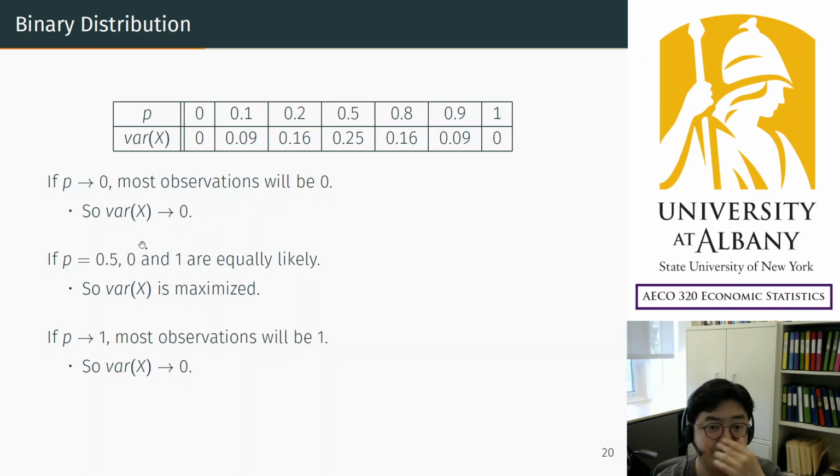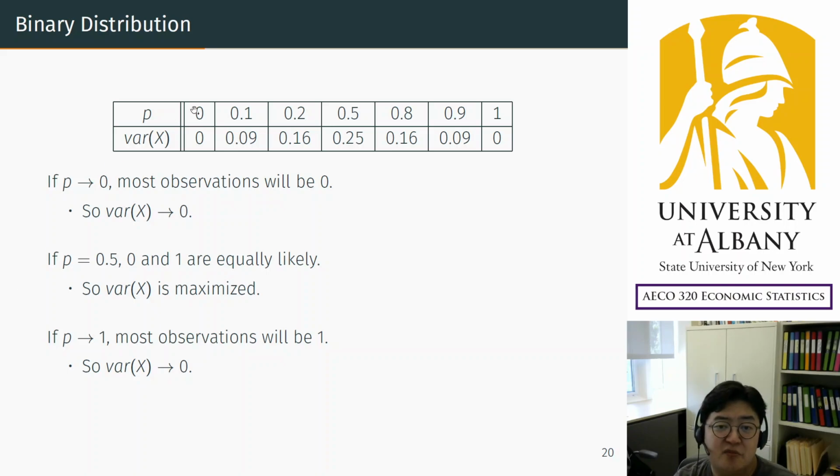That is natural. Like in the other extreme, if you assume that the probability of success is close to 100%, then equally certain. So if the probability of success is 99%, then you can predict the outcome with 99% accuracy. It will be most likely to be a success, right?